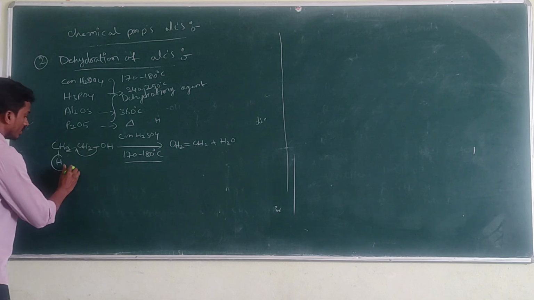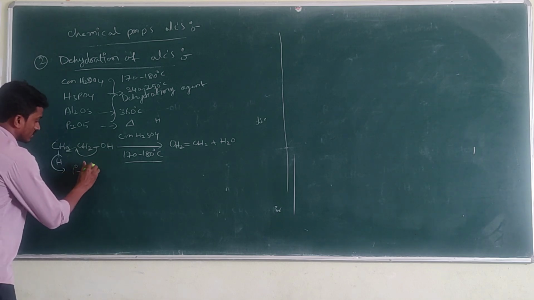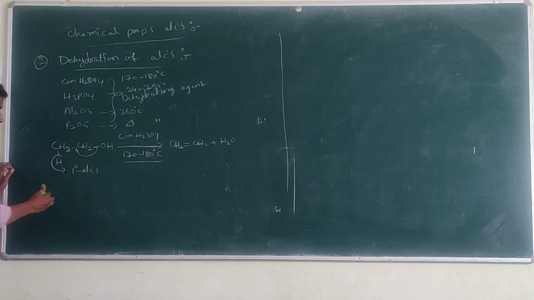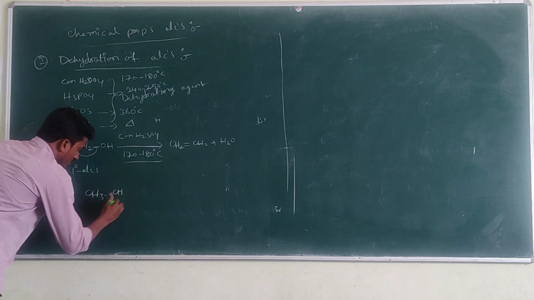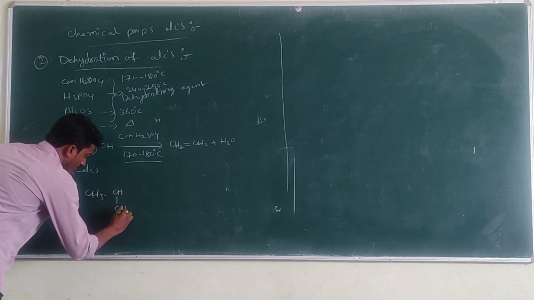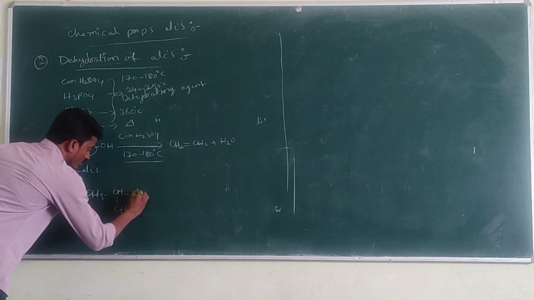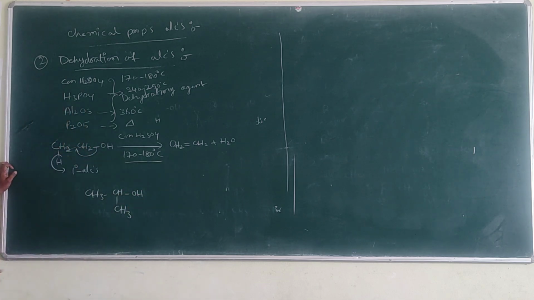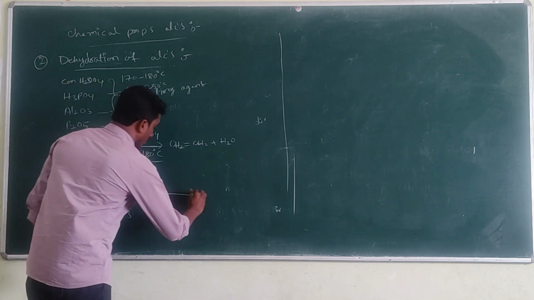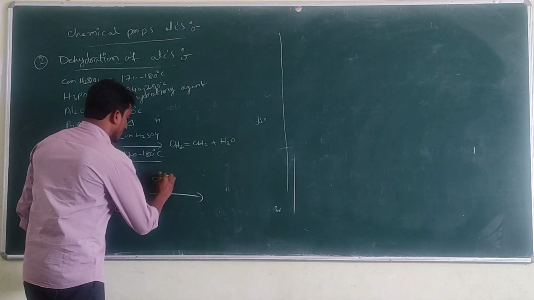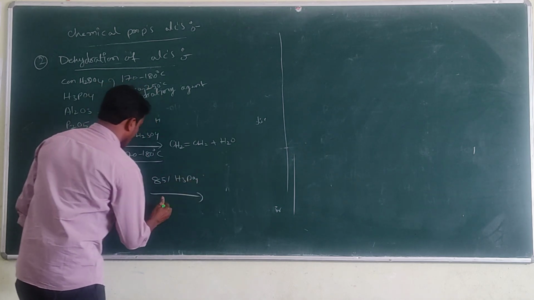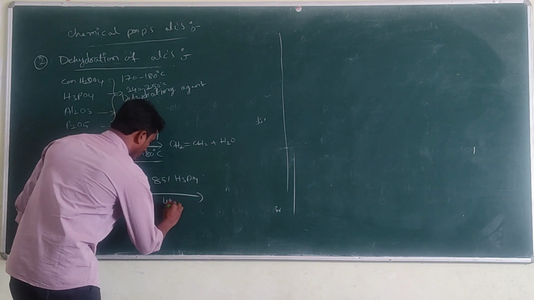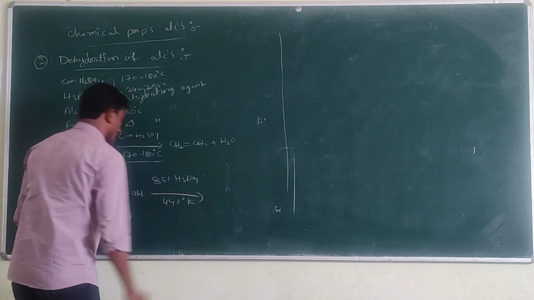That was the primary alcohol. If I take a secondary alcohol, CH3CH(OH)CH3, only 85% phosphoric acid is required, and a temperature of 440 degrees Kelvin is enough.